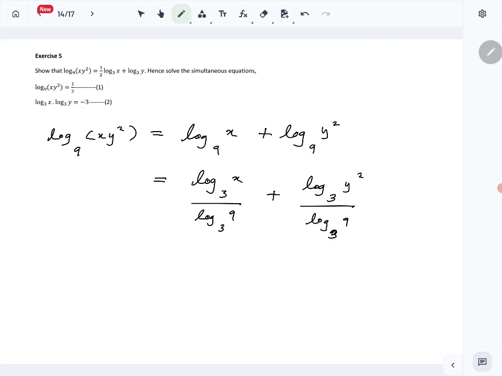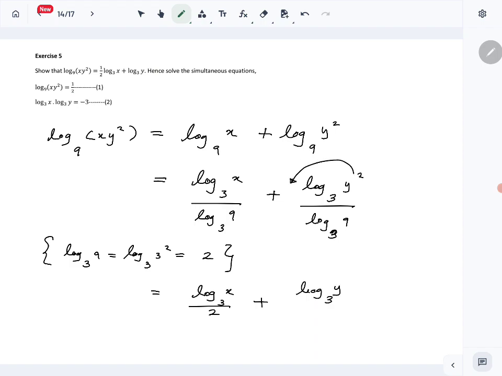Then this we know, no? Log base 3 of 9 is what? Log base 3 of 3 squared, that we know is equal to 2. So we can use that here. So log base 3 of x over 2 plus log base 3 of y squared over 2. Let me take this 2 outside using the exponent law.